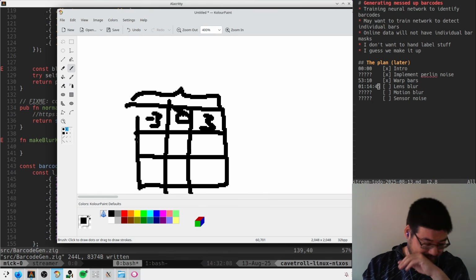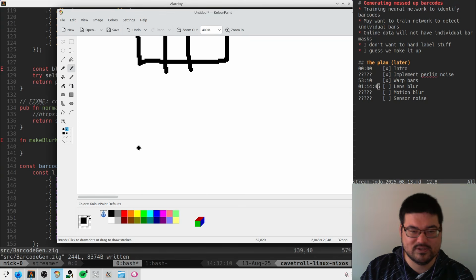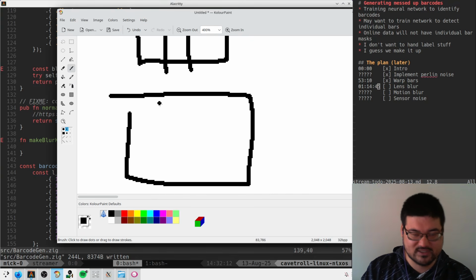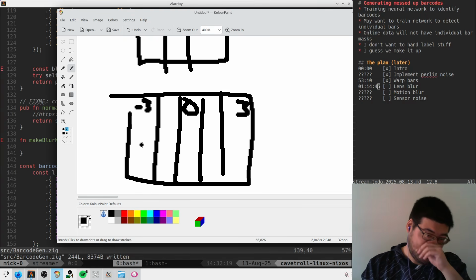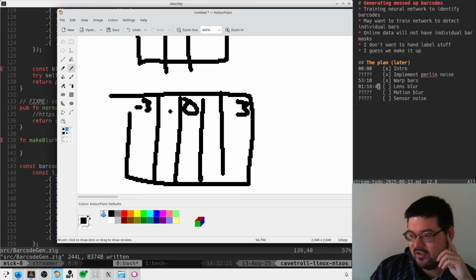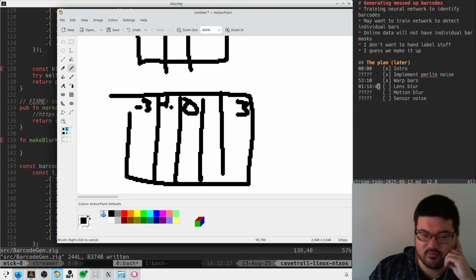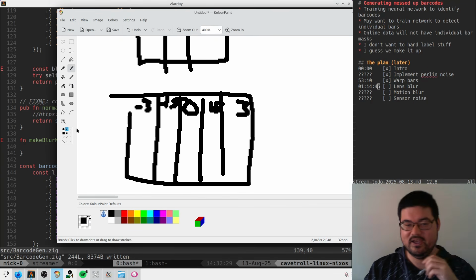This should be 0, I think. And what if it's 5x5? It's the same thing where we want -3 here, 3 here, 0 here, and we just divide in between. So it's like -1.5 and 1.5, I guess.